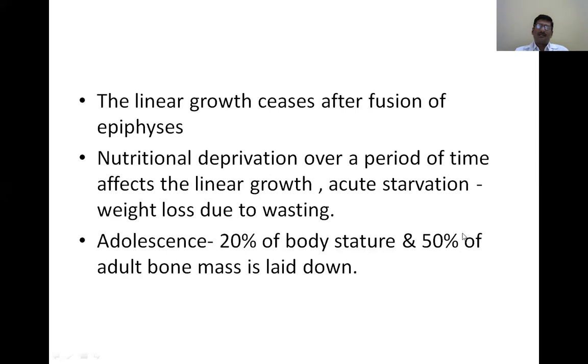In the adolescent period the nutritional requirements are very important. When it is not given, there will be a 20% decrease in the body stature, that is the length or height of the baby, and a 50% decrease in adult bone mass due to malnourishment.